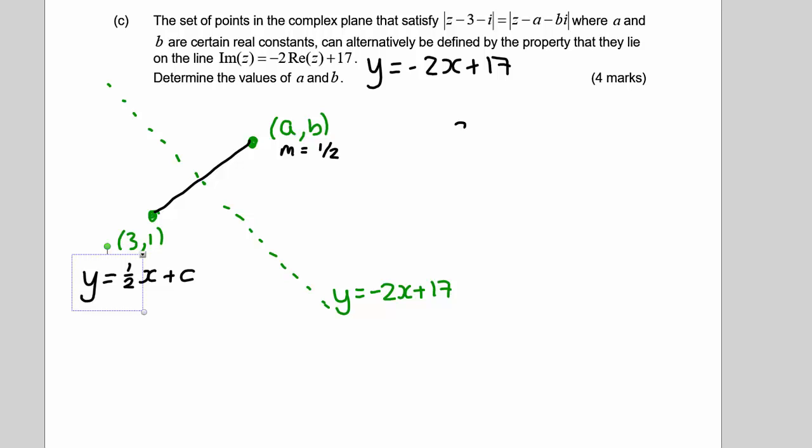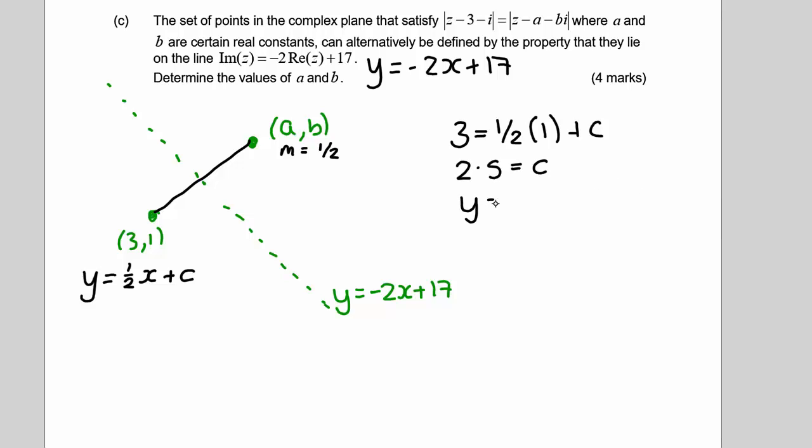So I can use the fact that 1 equals 1/2 times 3 plus c. No, sorry, plus c, I apologize. Let's try that again. 1/2 times 3 plus c, to know that 2.5 equals c.